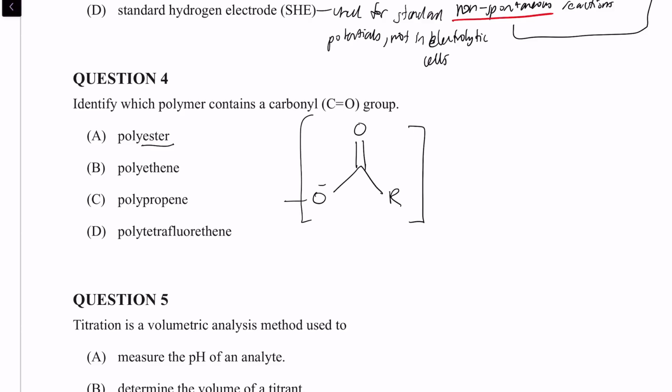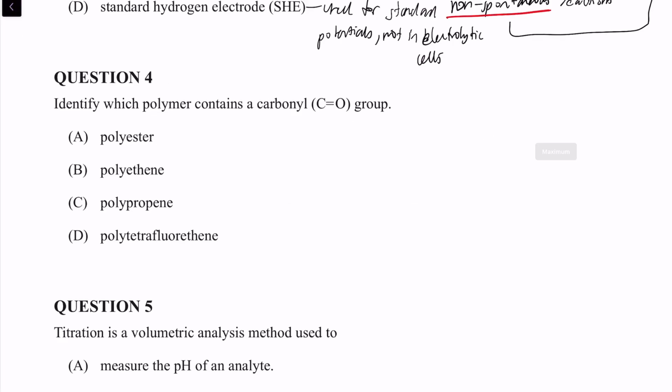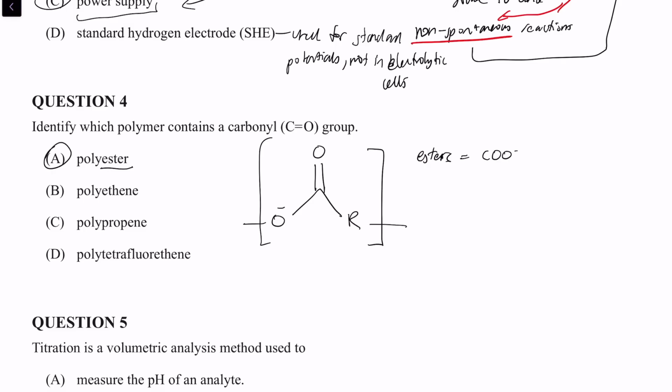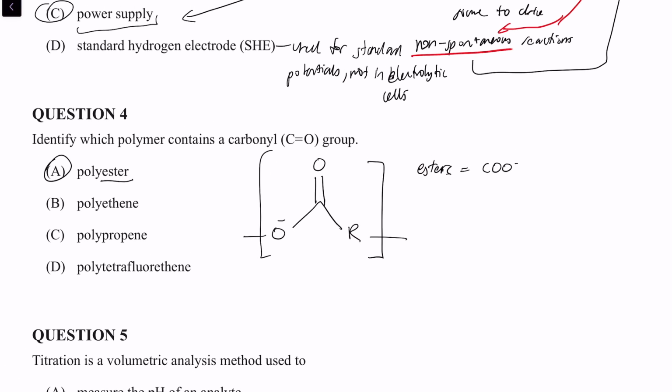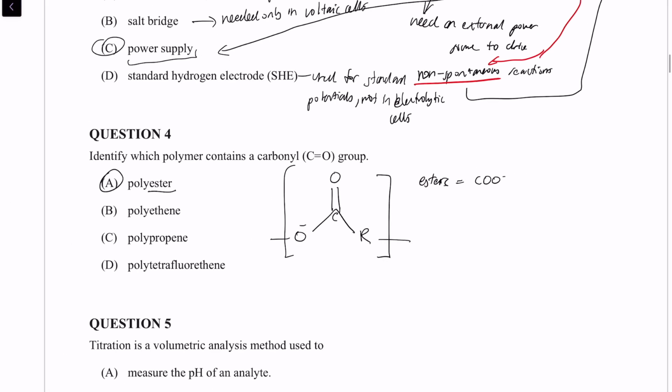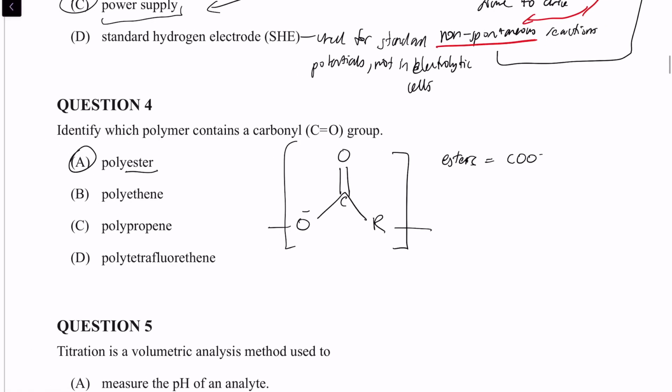So that's what this will look like here. Okay, and so that is our answer because esters always have that double bond to the O with the carbon. So this would be a carbon here in that skeleton structure.